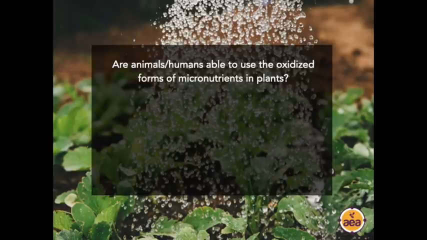Just a further comment on that. When we think about human health, it's important to recognize that within human health and nutrition, or animal health for that matter, we use different terminology to talk about exactly the same thing. So we have oxidation versus reduction, aerobic versus anaerobic, oxidants versus antioxidants. Vitamin C as an antioxidant is simply a very strong reducing agent, as are all these other antioxidants such as resveratrol and anthocyanins and so forth.